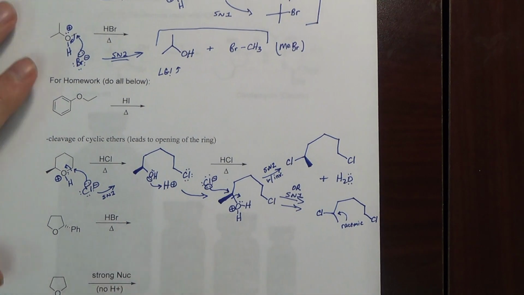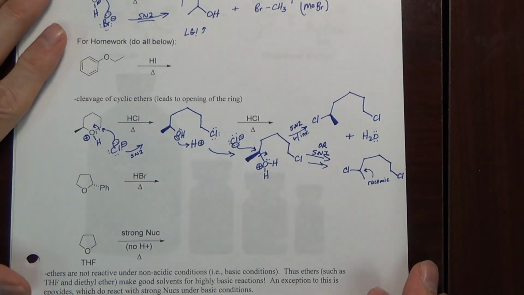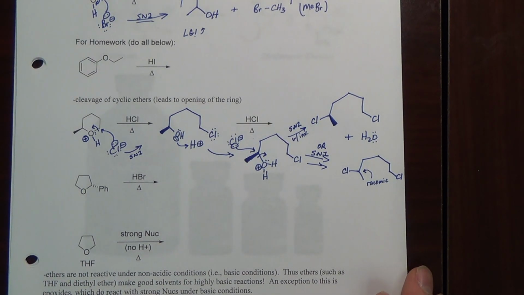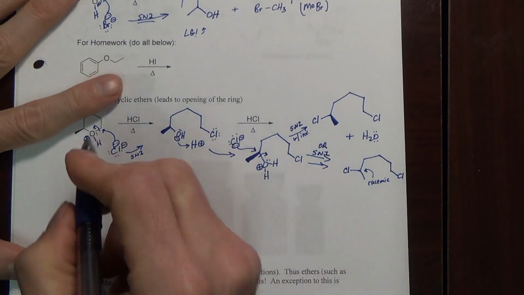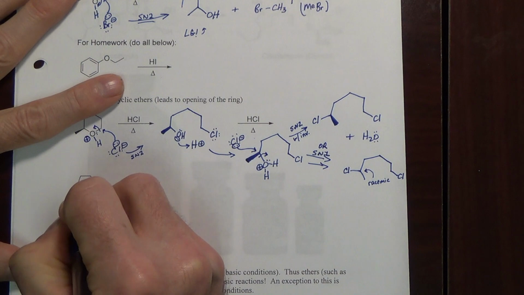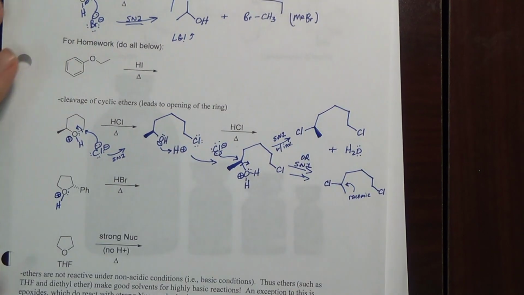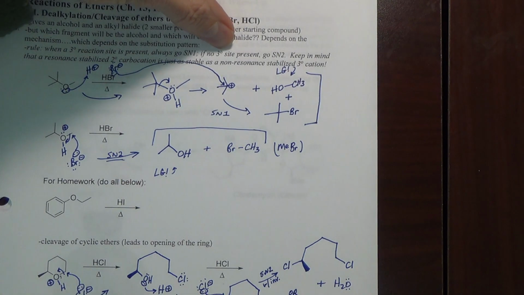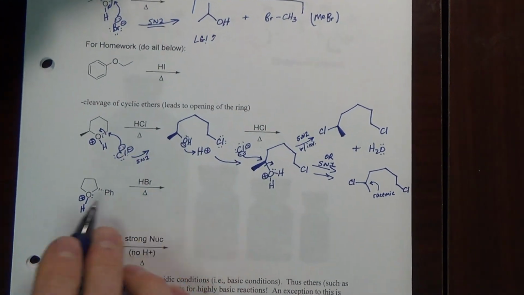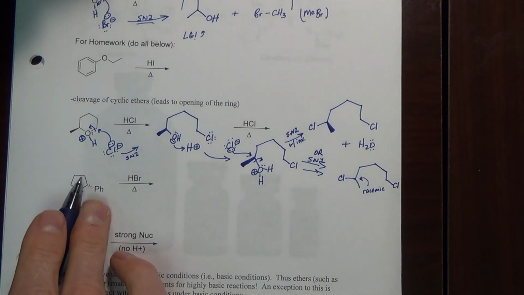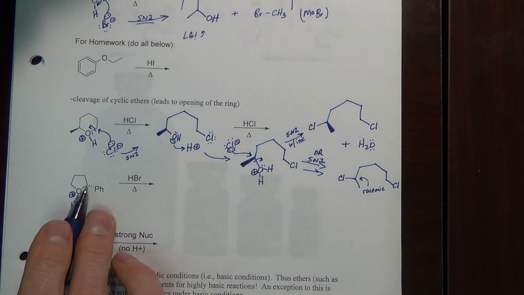Now the one below, all we can do is protonate the oxygen. Now, do we have a tertiary site available? No. Primary, that's a benzene ring, and so it's a secondary carbon here.